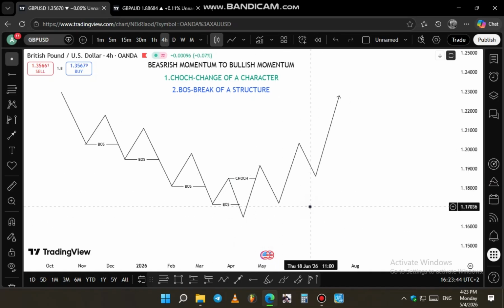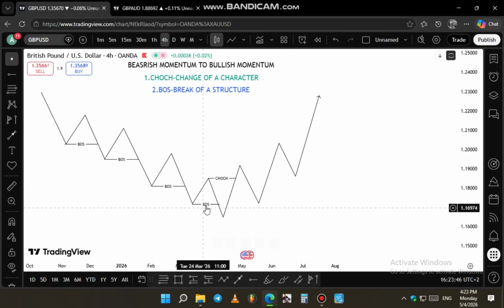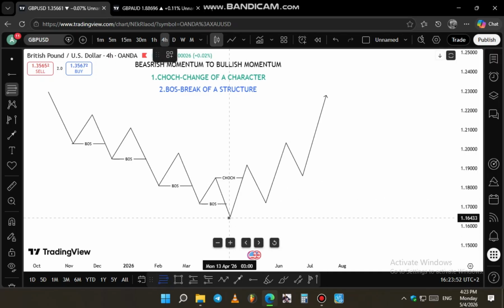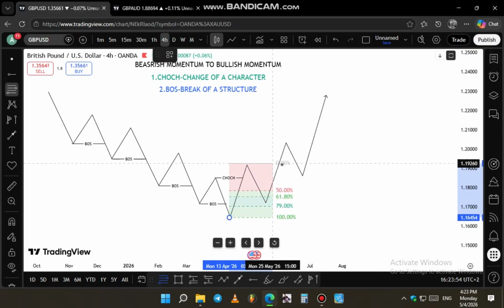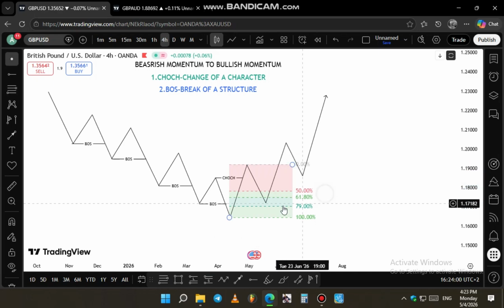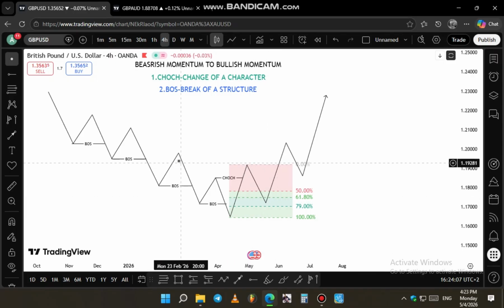So how can we use break of structure and change of character to our advantage? We use our Fibonacci, place it from the lower low to the higher high which is created, and then we wait for price to come to these areas. Then we place our buys, put our stop loss here or here or here.